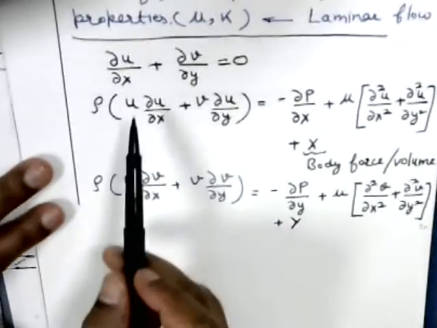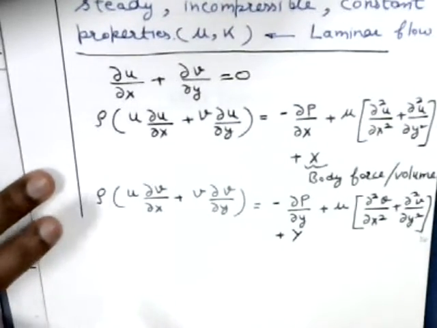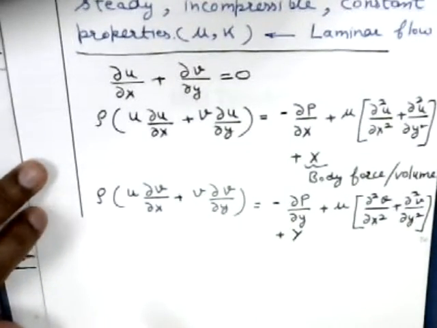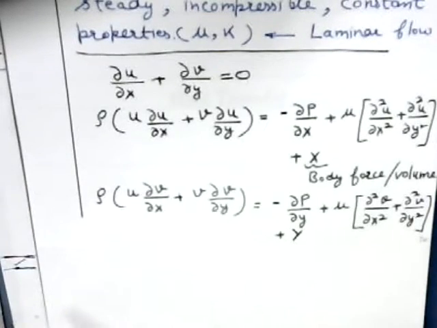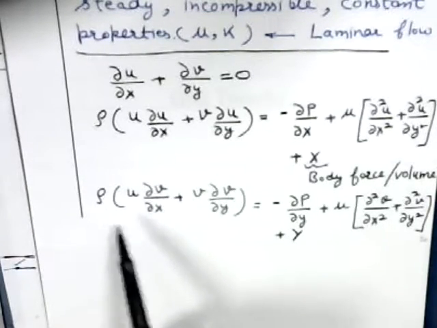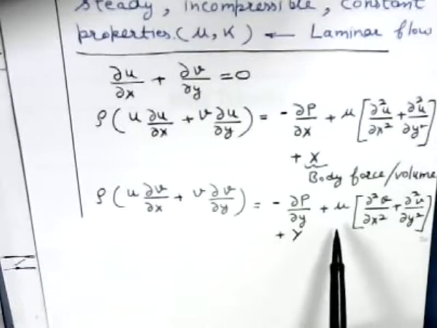So that is the continuity equation and the momentum equations in x and y direction. And we are taking it steady, incompressible with constant properties, so mu is a constant.